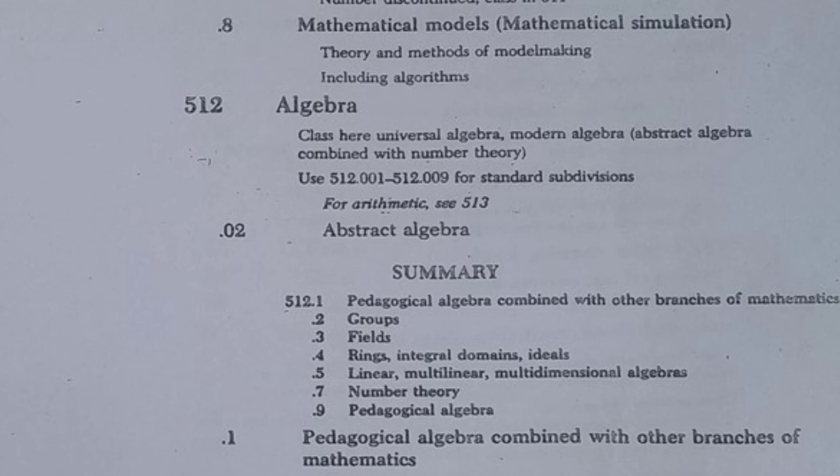I have said earlier standard subdivision notation starts from 01 and ends with 09, and here it is instructed that if we have to use the notation of standard subdivision from 01 to 09, we have to use 001 to 009. Okay, that means we have to use an extra 0.